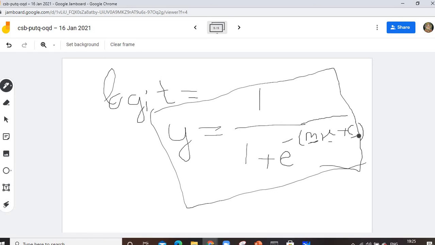And I will let you know what its functionality is, how this function actually works. Some people also call this the cumulative distribution function of the normal distribution. If you draw a graph, the linear function y equals mx plus c is just a line. But 1 divided by 1 plus e to the power minus will be a sigmoid function.